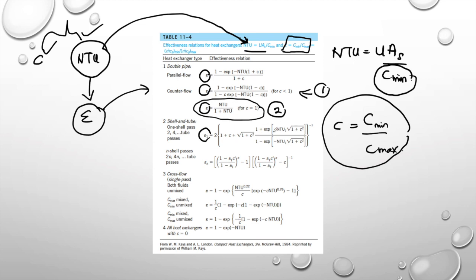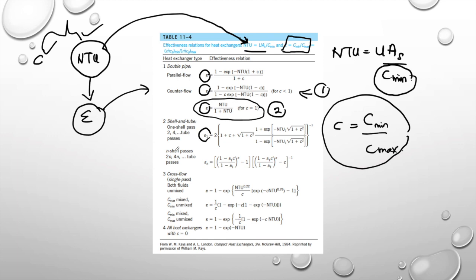If you have another type of shell and tube heat exchanger, for example, 2 shell passes, 4 shell passes, or however many shell passes, okay, this is for 1 shell pass, 2 tube passes.